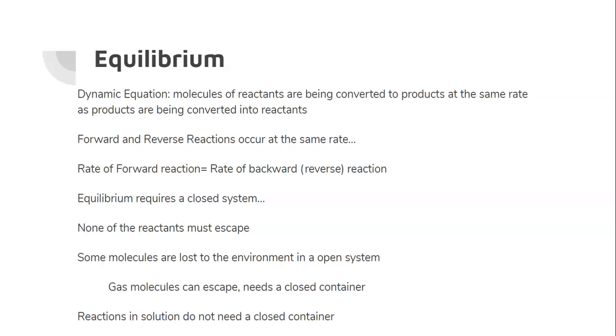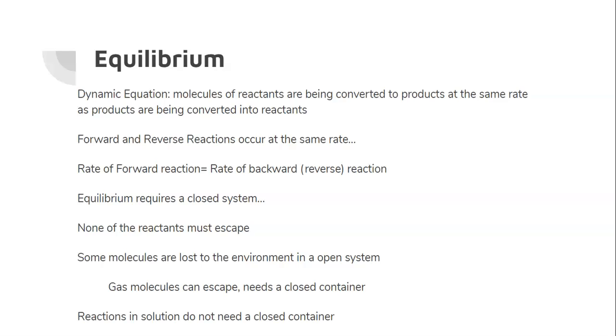Couple things. Dynamic equilibrium, molecules of the reactants are being converted to products at that same rate as products becoming reactants. Again, it's occurring at that same rate. Just other ways to kind of think of it, like forward equals reverse. That's the biggest thing to understand about equilibrium.